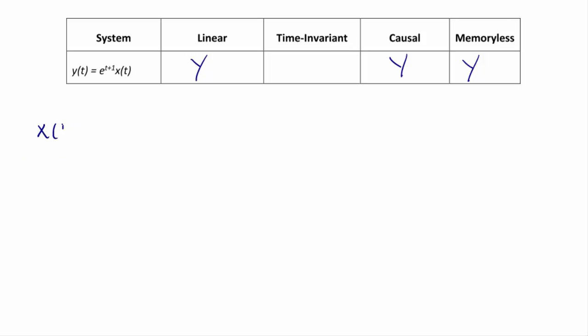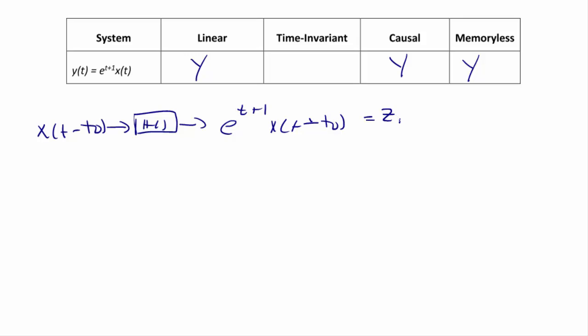If the input is x of t minus t naught, and we send that through our function, then the output is e to the t plus 1 x of t minus t naught, and this is z1 of t. z2 of t is equal to y of t minus t naught, which means you delay the output due to x of t by t naught.